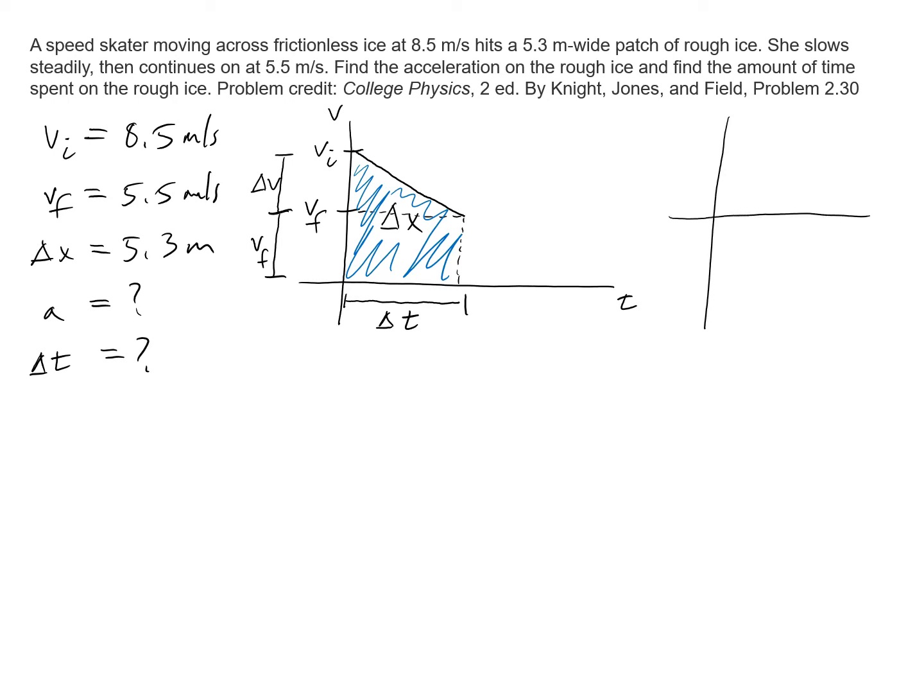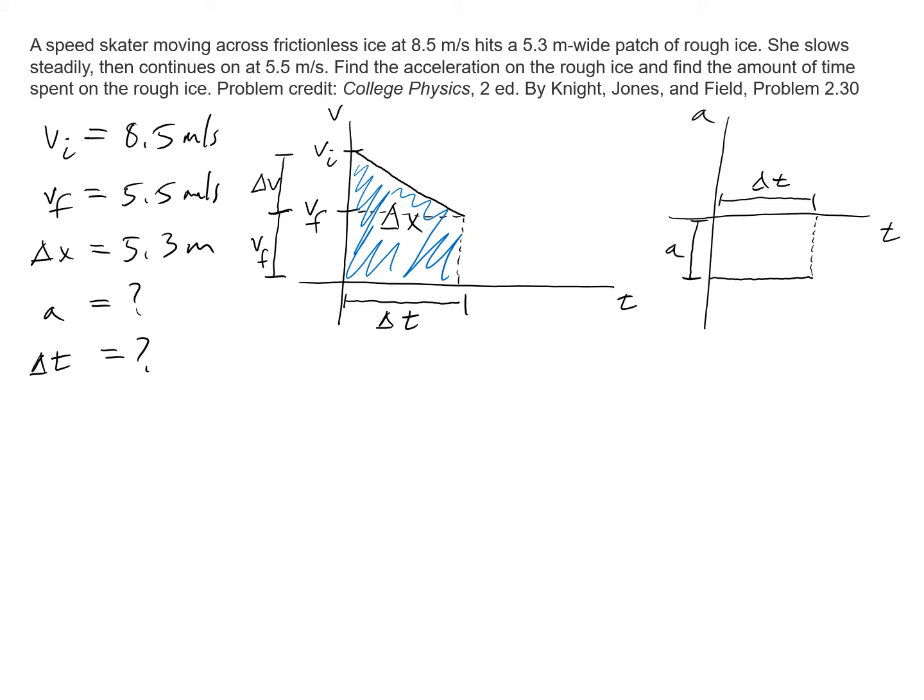And on the acceleration graph, we're going to have a constant negative acceleration during this entire time because we know that there's a consistent slowdown while we're on the rough patch of ice. So we'll get a nice rectangle here. Delta t is the amount of time that it takes for the slowdown to occur, and this is the acceleration that's unknown, a.